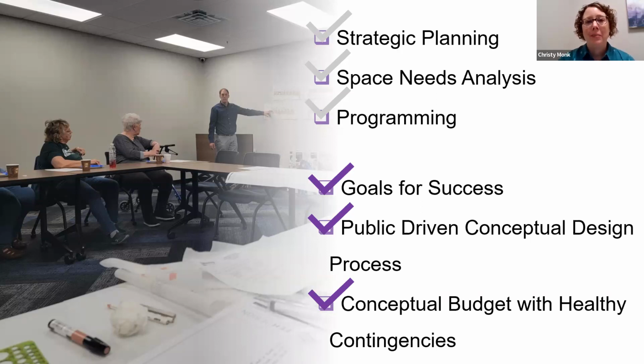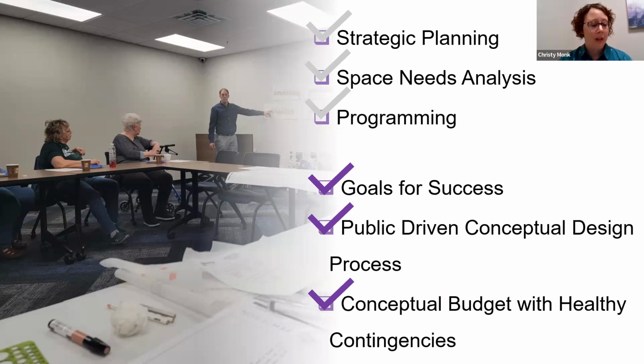So we typically do a goals for success process where we work with the core planning committee or the owners group or whomever is part of that process to set the high level goals for the process, where you set your criteria for what's irrefutable and what am I trying to achieve with my project. And then we work with the owner to develop conceptual designs using public input.